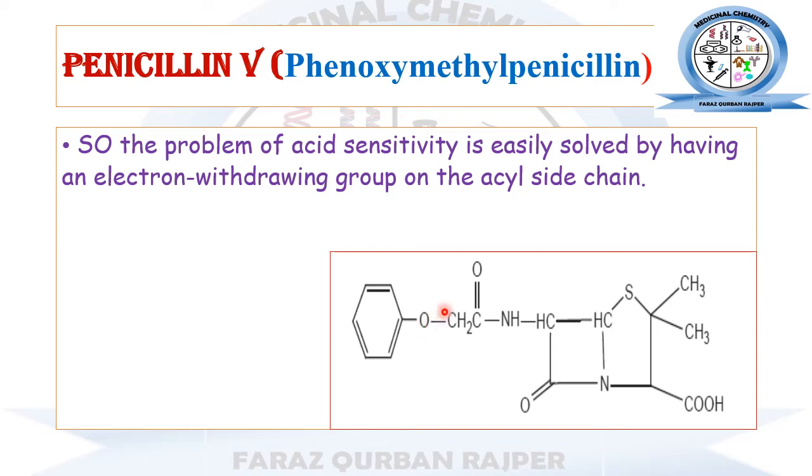So it will withdraw electrons from this carbonyl oxygen, and ultimately it will decrease its nucleophilic power to act as a nucleophile and cause the destruction of this beta-lactam ring. In this way, the acid sensitivity of penicillin can be decreased. So that's why penicillin V is more acid stable in comparison to penicillin G.